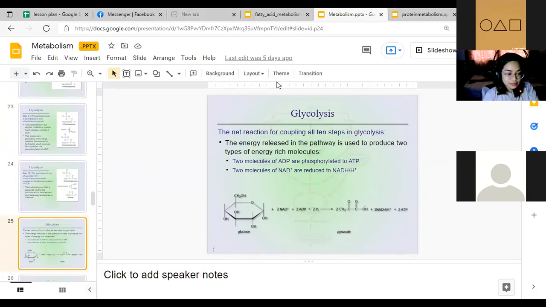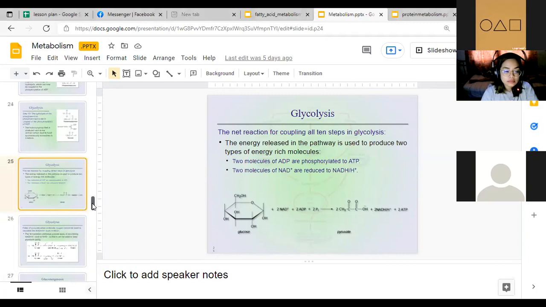So that's why the Krebs cycle is important. Okay, but the Krebs cycle itself is not what will form most of the ATPs.